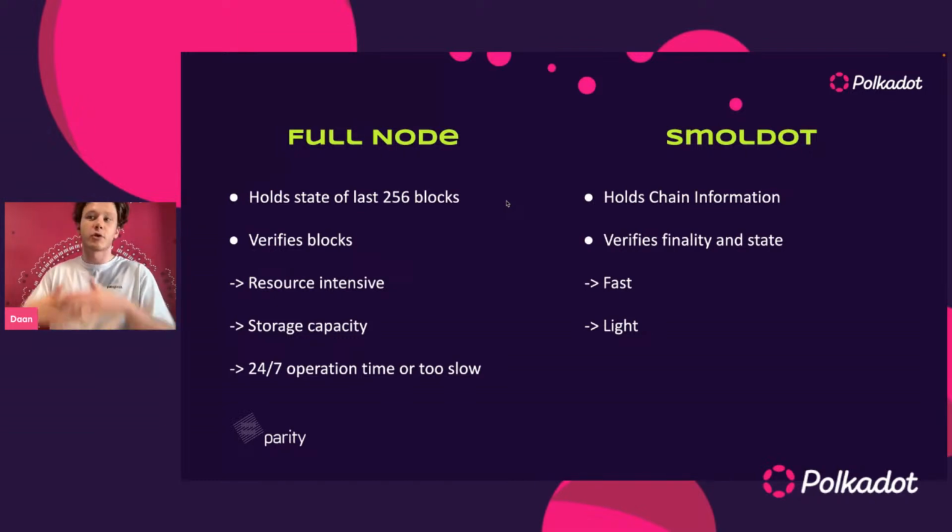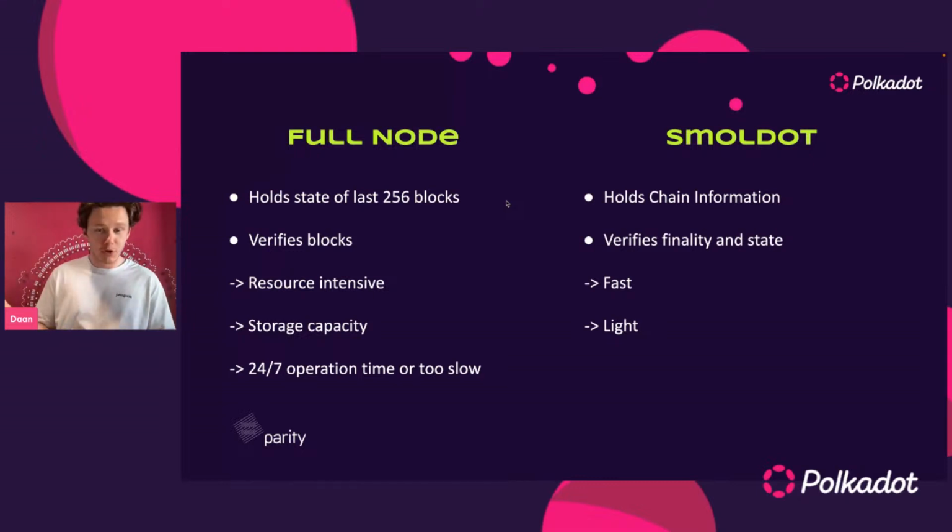And this also requires a lot of storage. So in order to have this on the back end for an application, for example, you would have to run this 24/7. Otherwise, it's just too slow to boot it up, use it for your application, and shut it down again. So that's why we can't all run a full node.